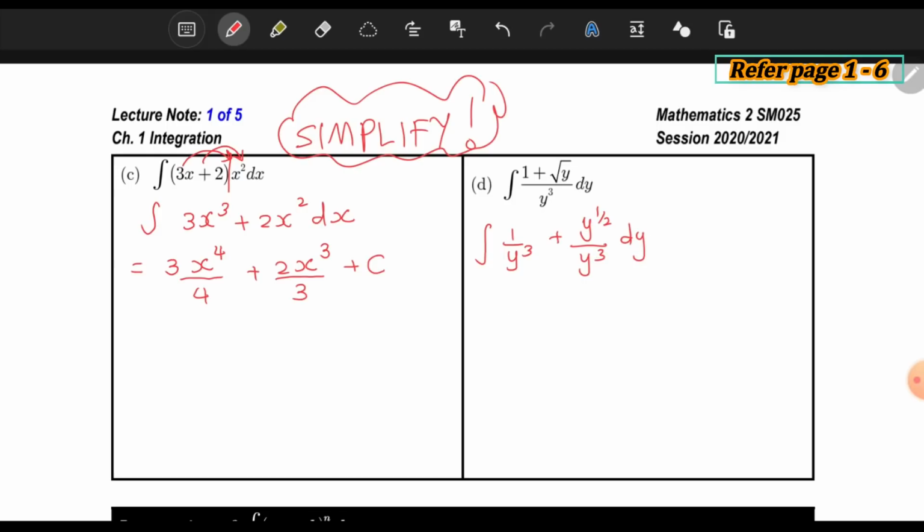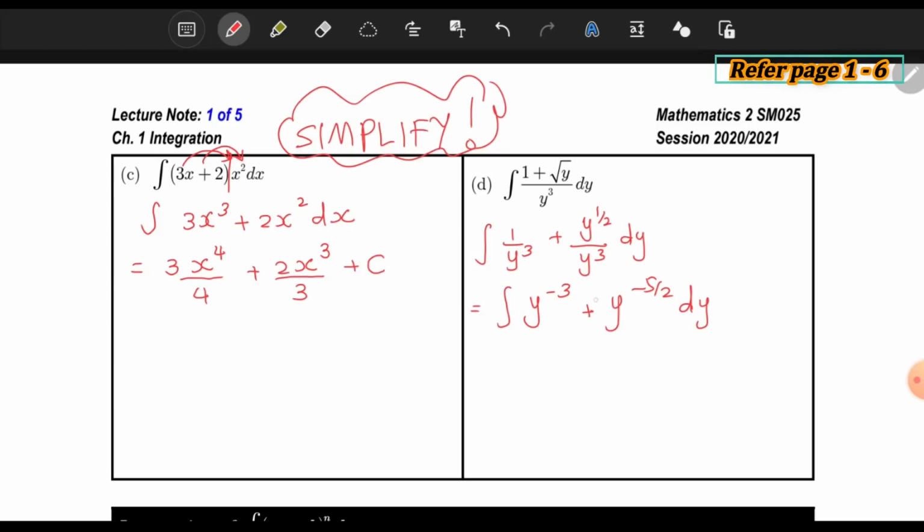And we can write as y power of negative 3, we write as a negative index, plus y power of negative 5 over 2 dy.